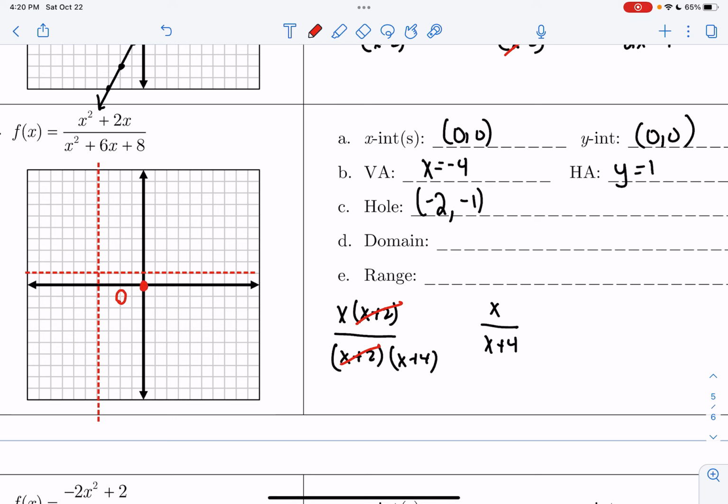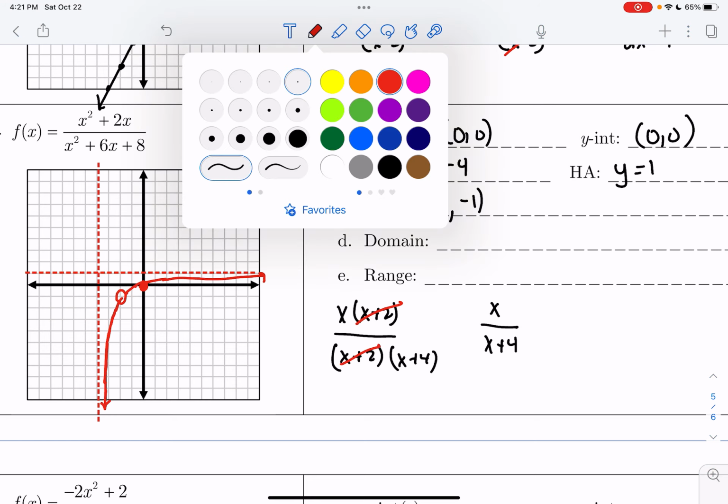I'm going to go ahead and sketch my bottom right. And like I said, you want to have symmetry going on in terms of the center of your asymptotes. So this is going to be my center, symmetry across that point.